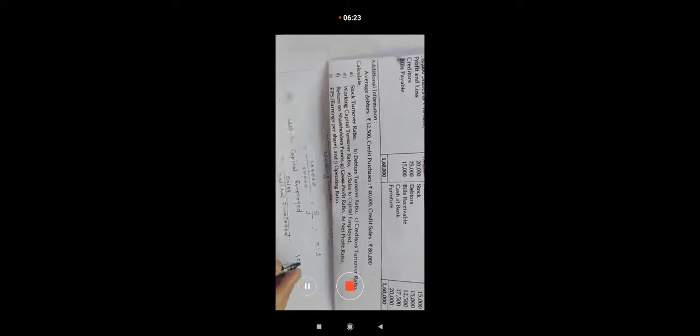Then the next one is sales to capital employed. The formula is sales upon capital employed. In this problem total sales is 1 lakh rupees, and capital employed is total share capital 1 lakh and profit and loss account 20,000.